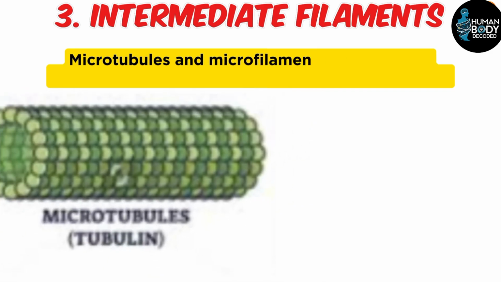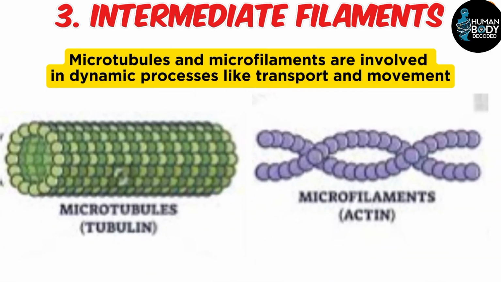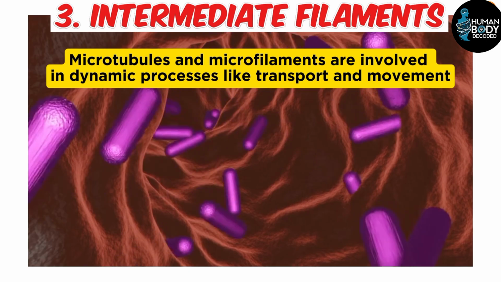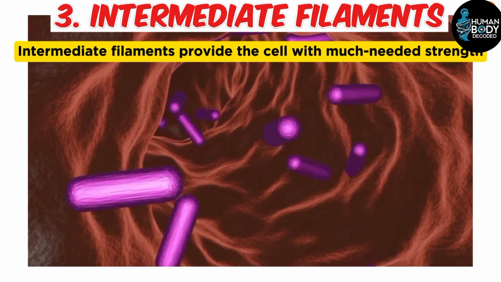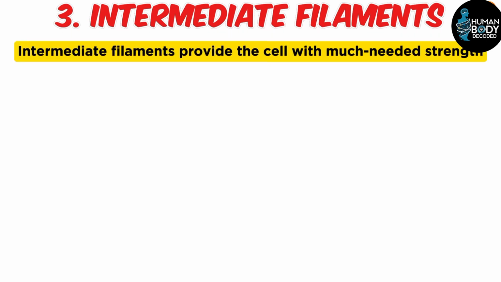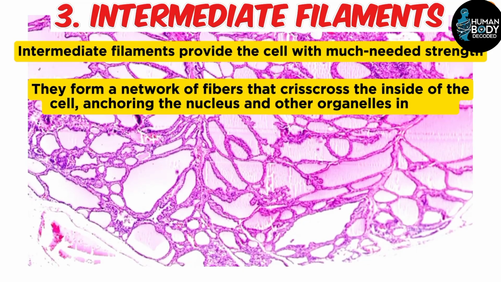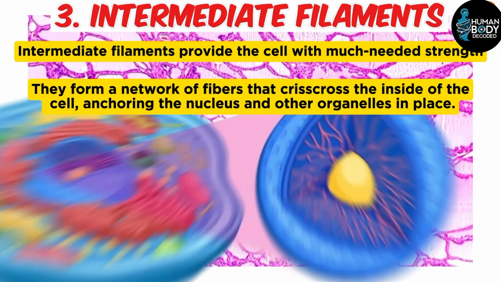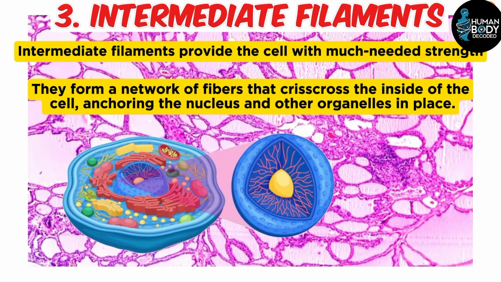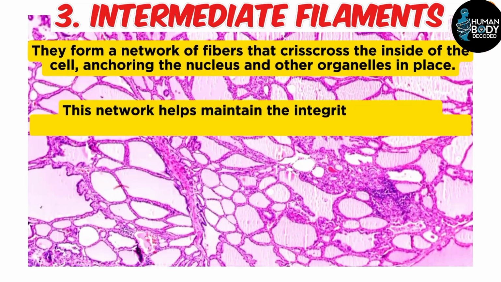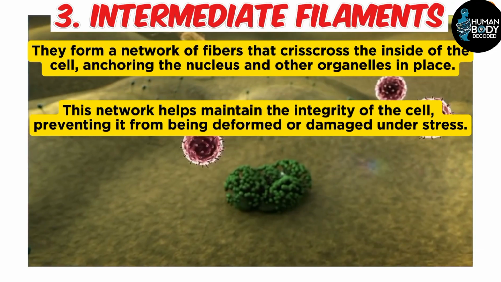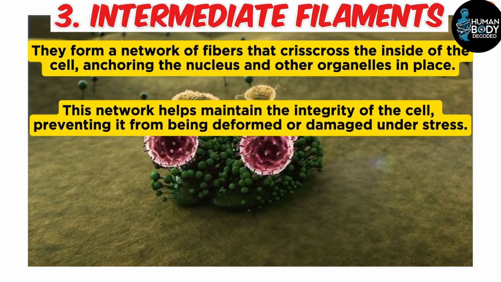While microtubules and microfilaments are involved in dynamic processes like transport and movement, intermediate filaments provide the cell with much needed strength. They form a network of fibers that crisscross the inside of the cell, anchoring the nucleus and other organelles in place. This network helps maintain the integrity of the cell, preventing it from being deformed or damaged under stress.